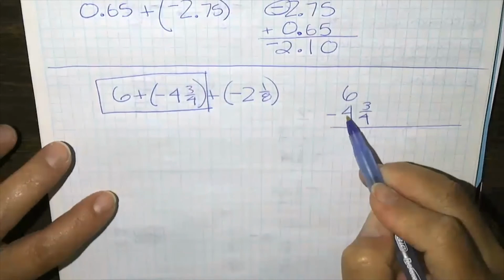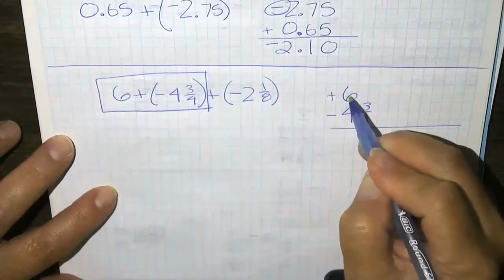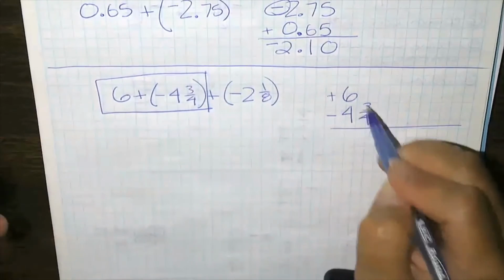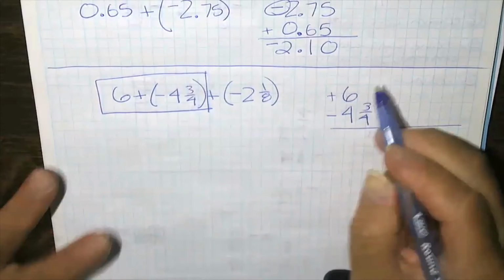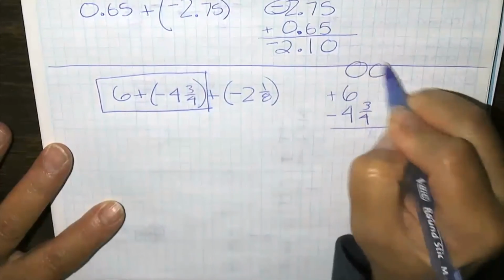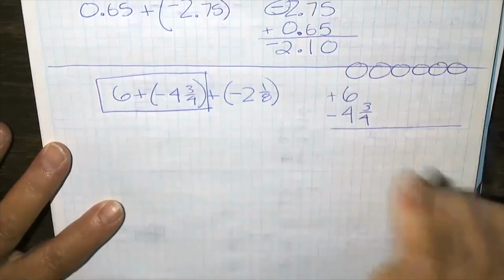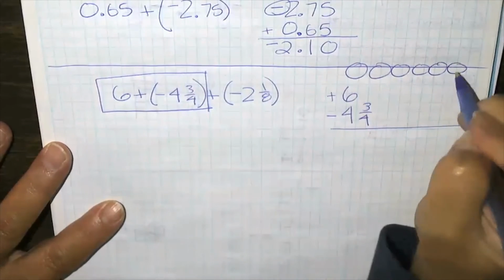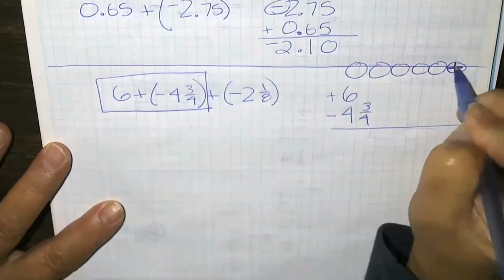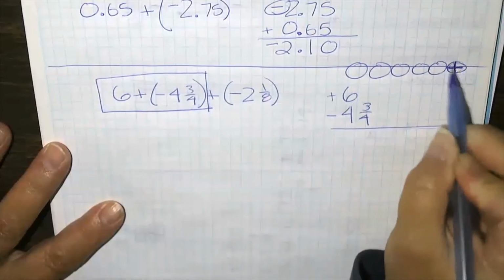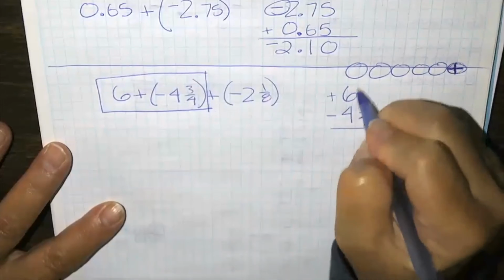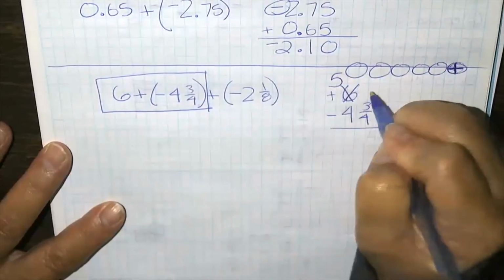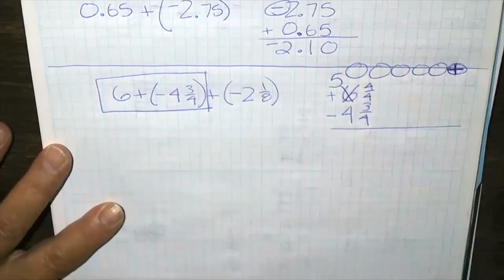Now, just like we did earlier, I can't subtract 3/4 from positive 6. Like, how do I subtract 3/4 from nothing? So 6 is the same thing as 5 4/4, right? So this is 5 4/4.